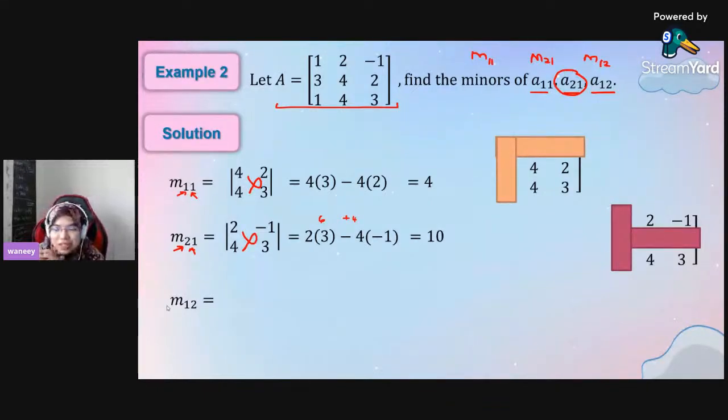1 minit cukup ke? Ke nak bagi 2 minit? Boleh lah, saya bagi try. 2 minutes. Give it a go. Dua minit lah, dia nak tekan calculator tu lagi lama. Apa?